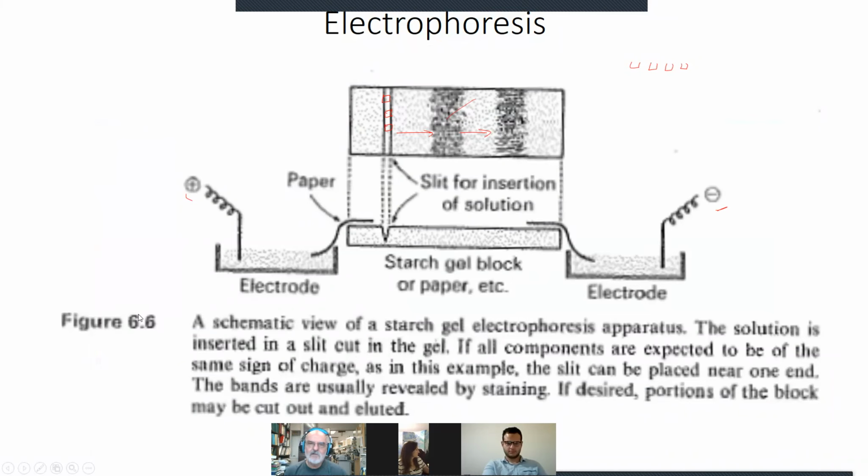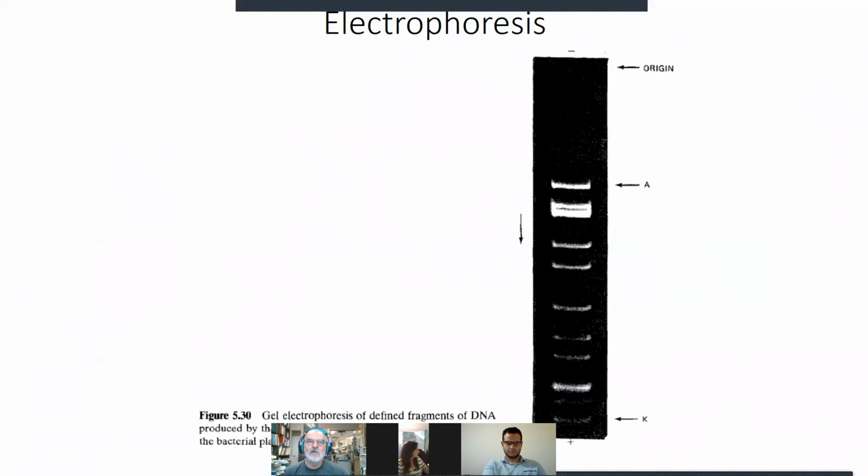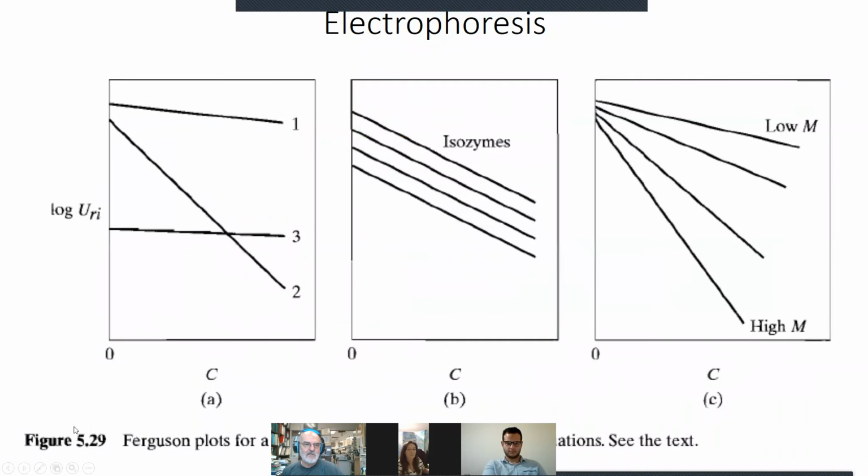Now, I'm not going to say a lot about this particular technique, but there's a technique out there called Ferguson plots. And these Ferguson plots are basically log of mobility plotted versus the composition of the gel. So this C is literally the concentration of acrylamide.